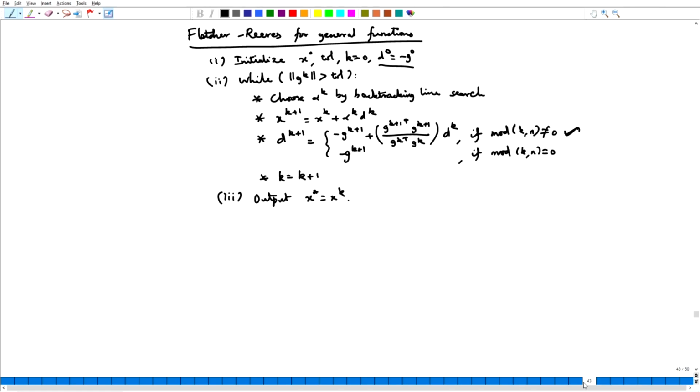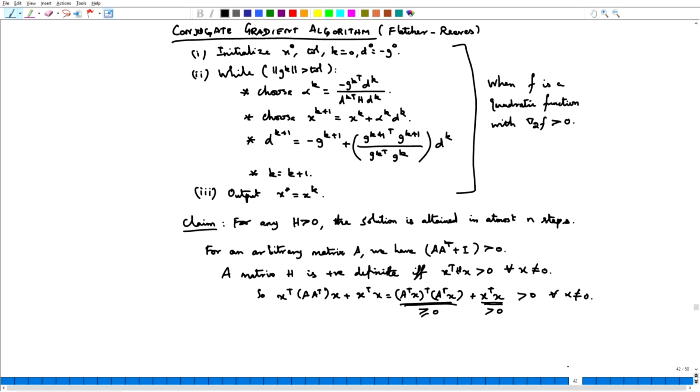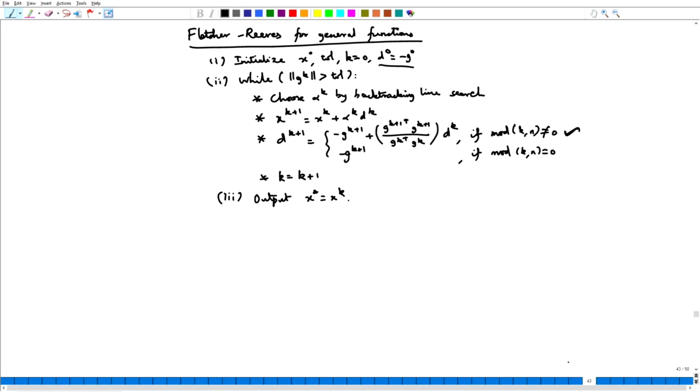I did give you a code for this particular algorithm when f is a quadratic function with its Hessian being positive definite, right. But nevertheless we can also give an example for Fletcher-Reeves algorithm for general functions as well. We will use the same example.